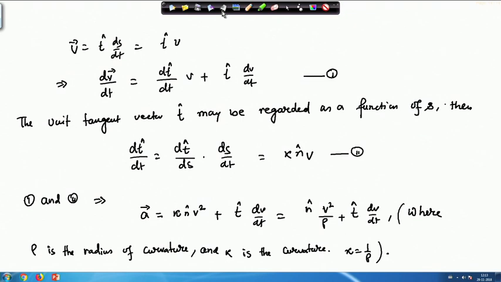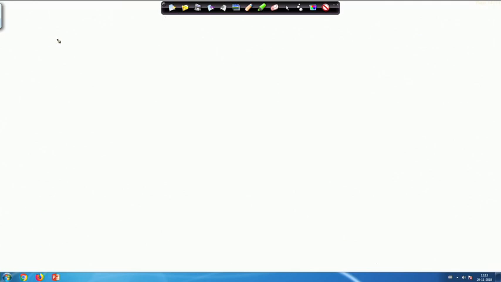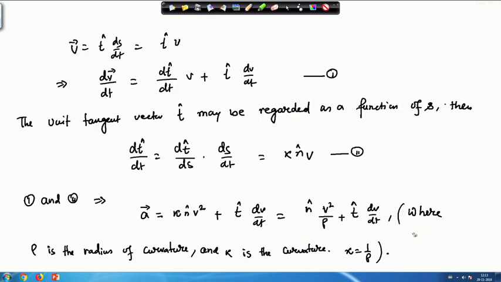So, what does that mean? That means that this vector a, the acceleration vector, lies in the osculating plane, and that is by taking the dot product with b equals 0. This relation I can name as relation number 3.